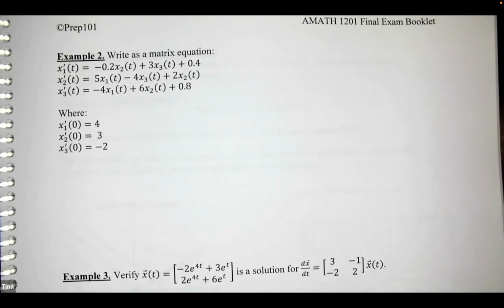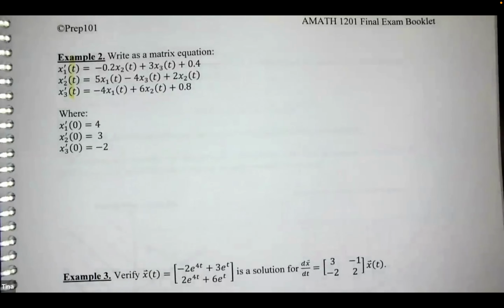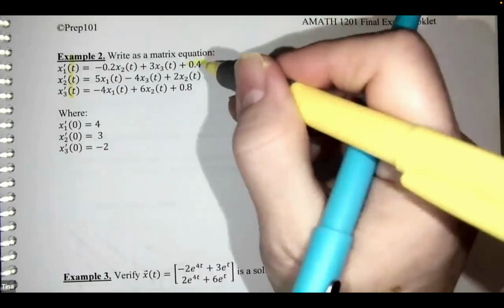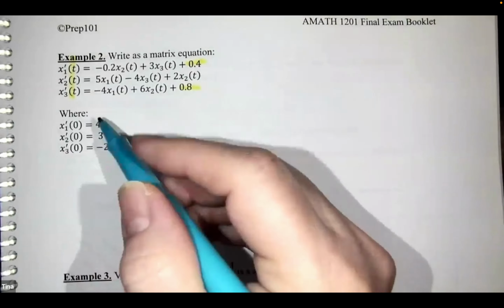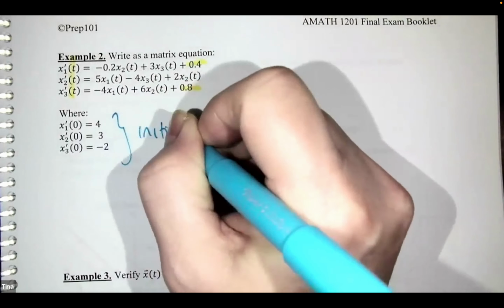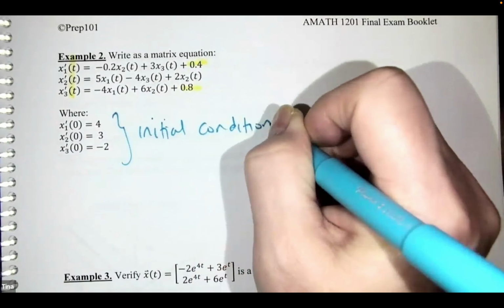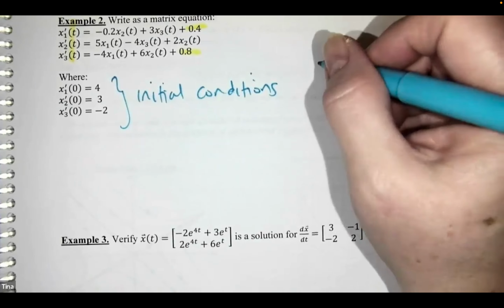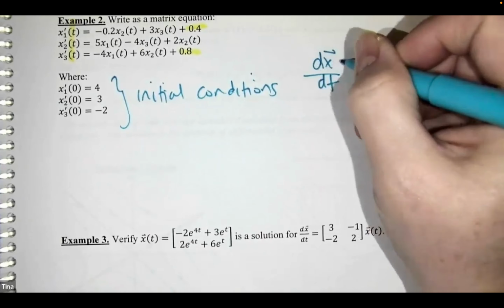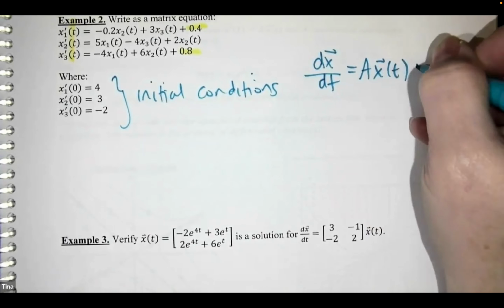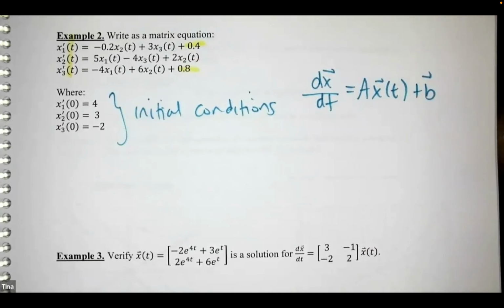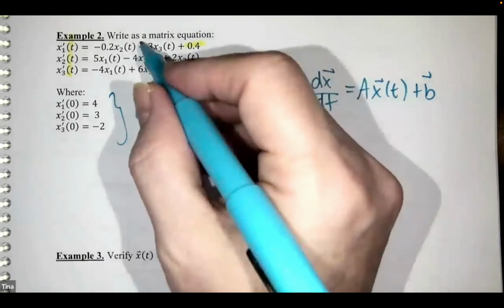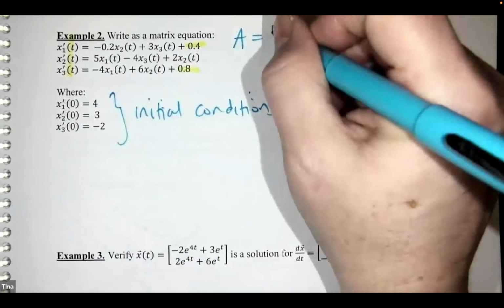So write here as a matrix equation. This one, they've given you the derivatives here, and then you've got this constant being added on, and these are the initial conditions. So dx by dt is A x of t plus B. Our A matrix is the numbers in front of x1, 2, 3.